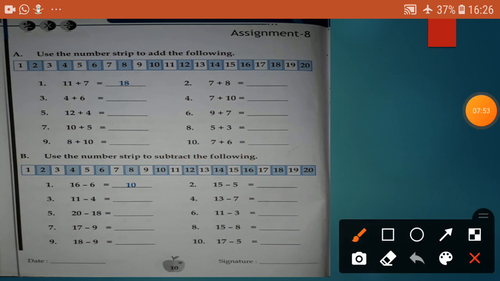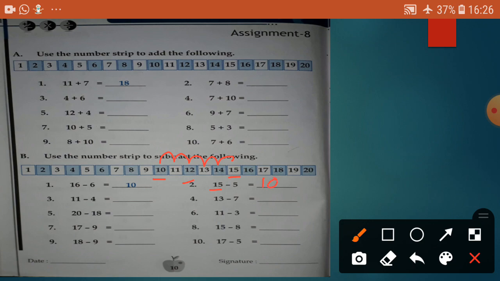Next, number 2. See, 15 minus 5. So I go back 5 steps. 1, 2, 3, 4, 5. Now I stop at number 10. So the answer is also 10.